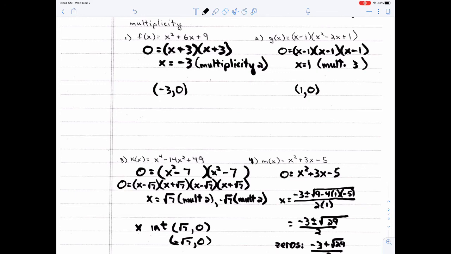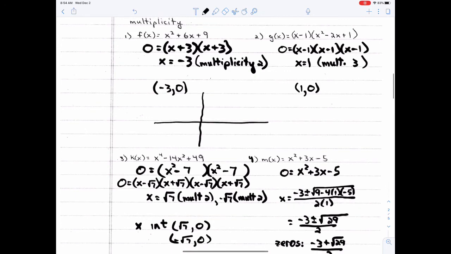What does multiplicity do for you when it comes to a graph? Well, it's this. If you have a multiplicity that's an even number, 2, 4, 6, etc. Okay. The graph, and I say like this is -3 is the x-intercept.